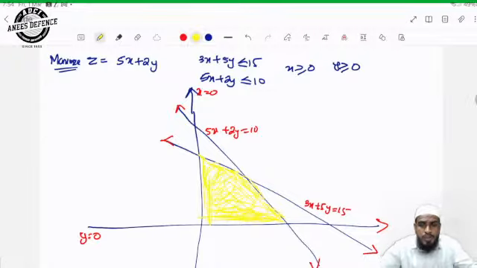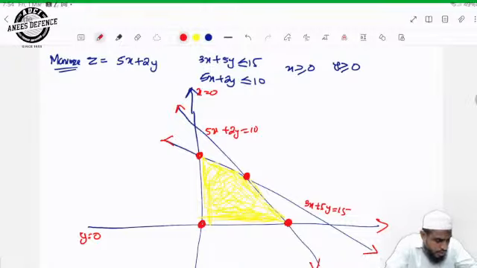So this is our feasible region. Here you are getting four corner points.